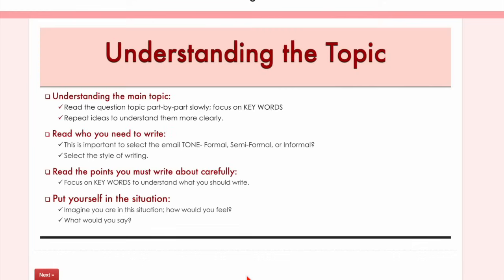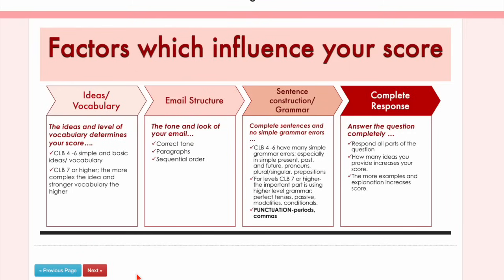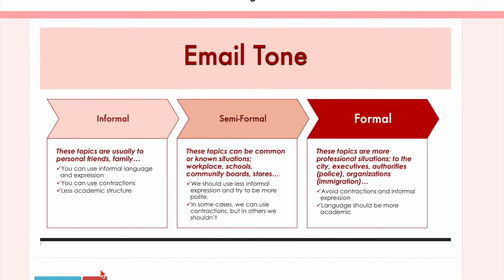The guide shows you about understanding the topic, the factors which influence your score in writing, ideas, vocabulary, the structure, sentence construction and grammar, and providing a complete response. Very important is email tone.